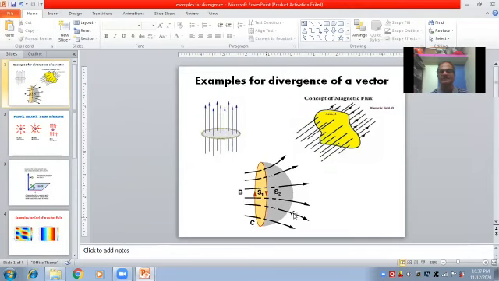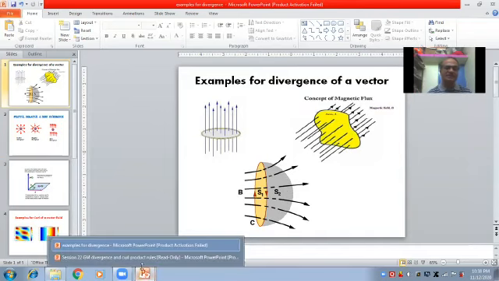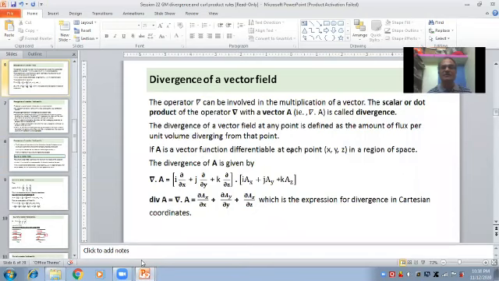So the divergence of a vector field gives an idea about the amount of flux coming out per unit volume of a body.